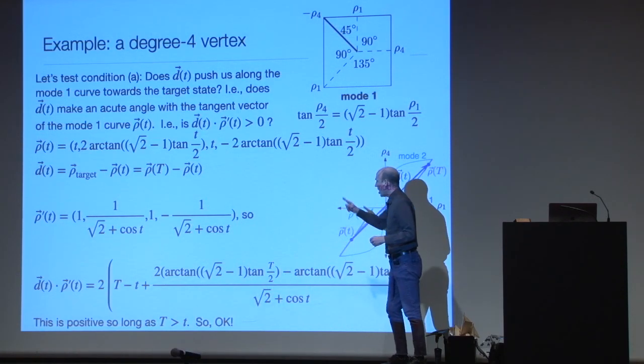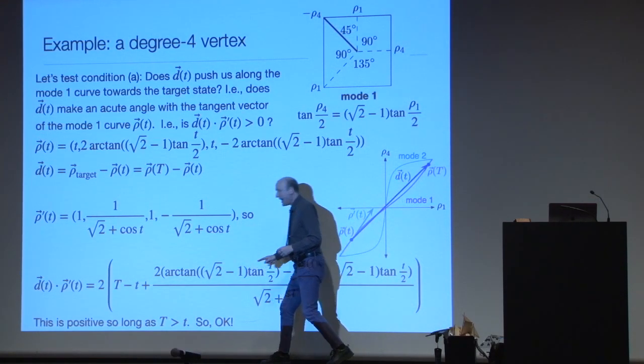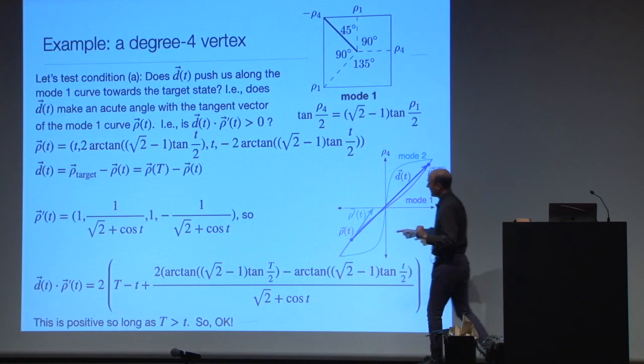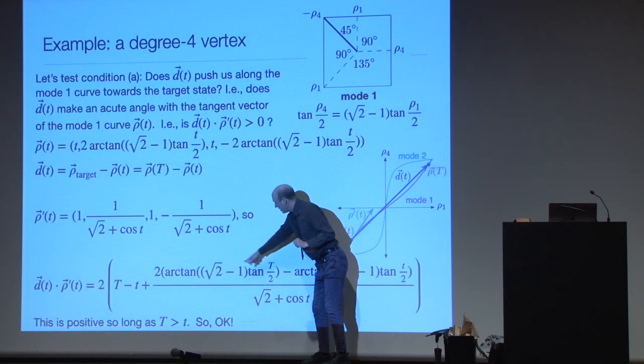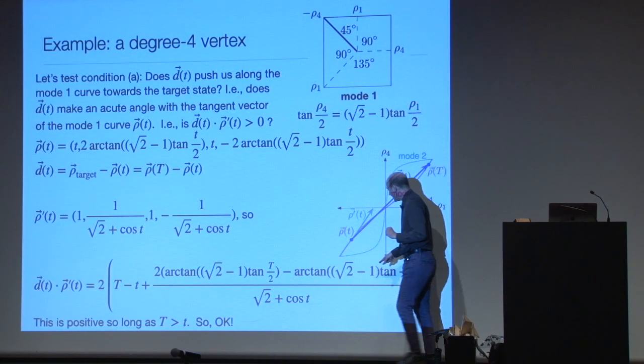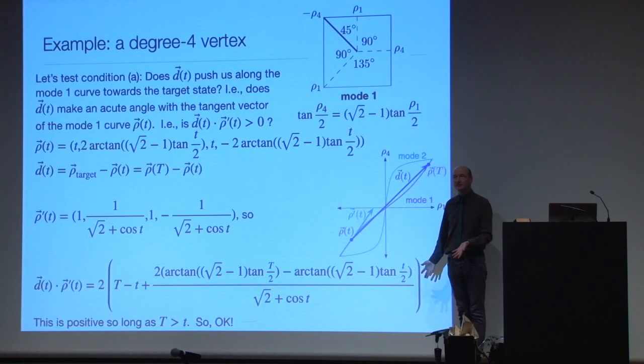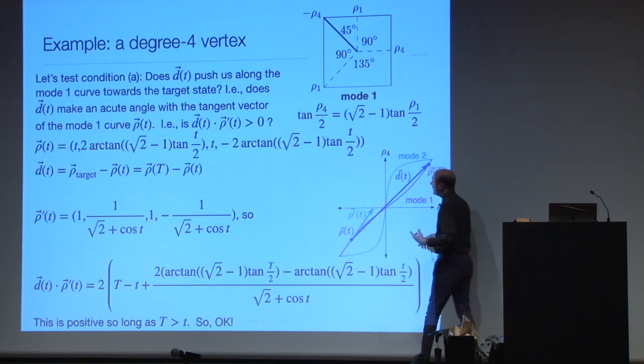And arctan and tangent are increasing functions. So if I plug in something bigger into arctan and tan and subtract something smaller, I'm going to get something positive. So this is always positive, as long as I'm going in this direction, which makes sense.